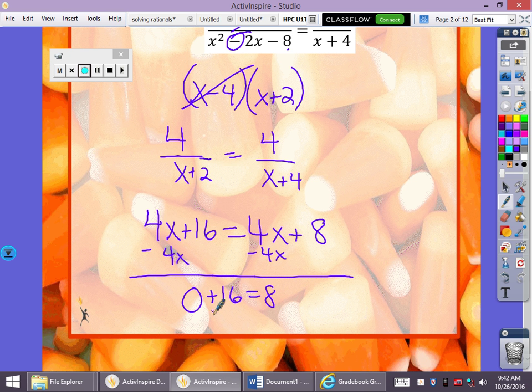So 16 equals 8. Will 16 ever equal 8? No, so this one has no solution.